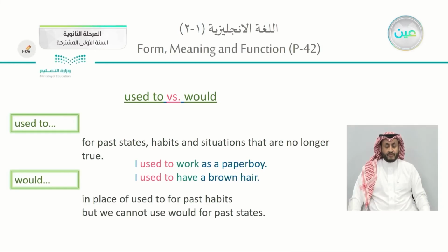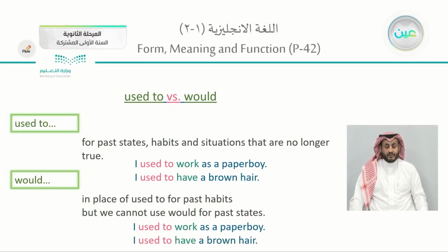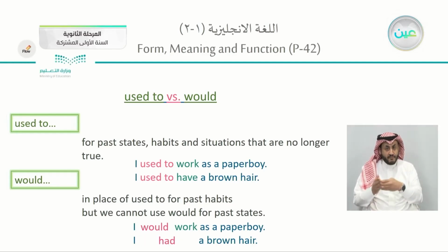So an action or a habit in the past: I used to be a paper boy, and we will say as well, I would be a paper boy. Here, I would work as a paper boy, but I had brown hair, because it is a state or a description of a person. You can never use would instead.